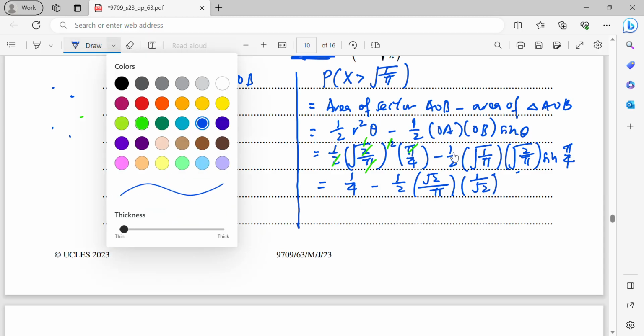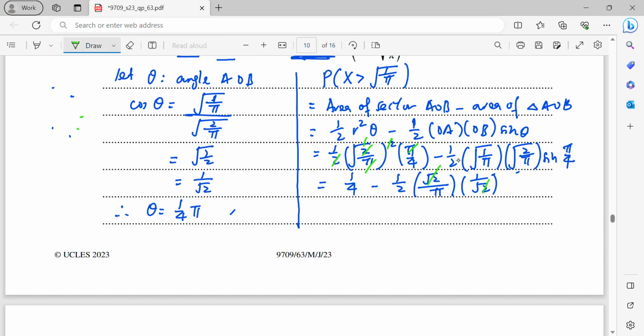So now you can further simplify by cancelling the square root 2 from the second term. Then at last you are getting 1 over 4 minus 1 over 2 pi. So then to get the probability, this value will be 0.0908. Okay, so that's the solution for this question.